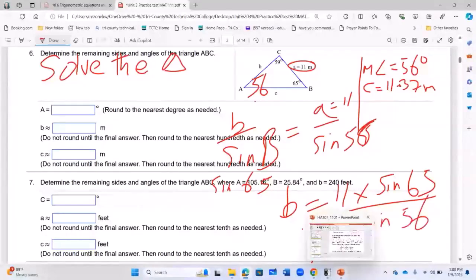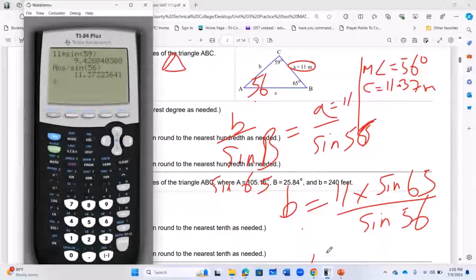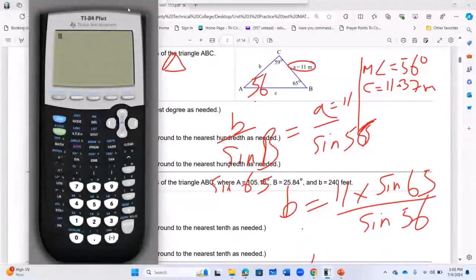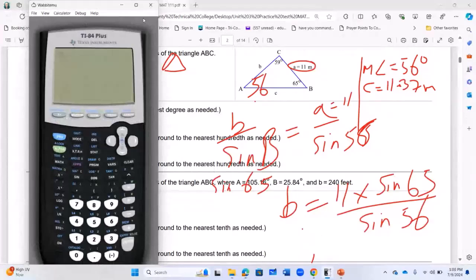Okay. So now I have 11 multiplied sine 65 degrees. 11 multiply sine of 65 degrees, plus parenthesis, equal to, what did I divide? It doesn't make sense. It's supposed to be multiply. Okay.